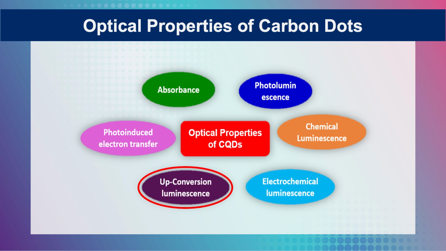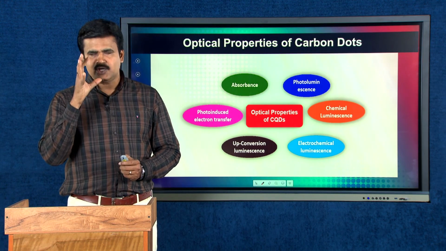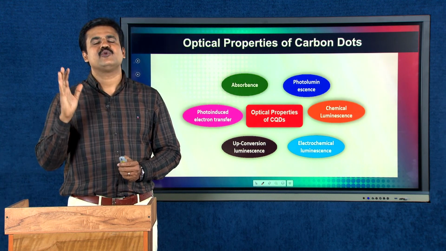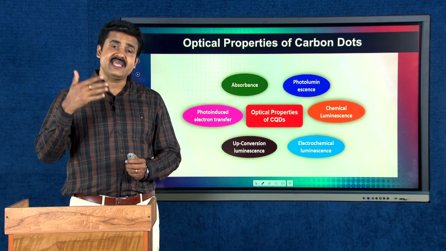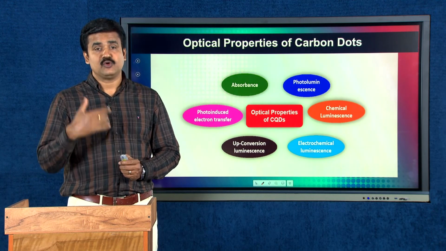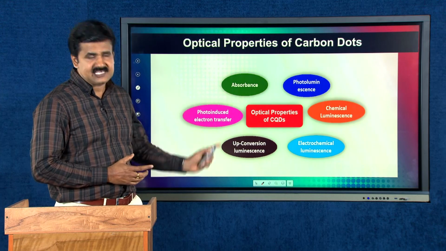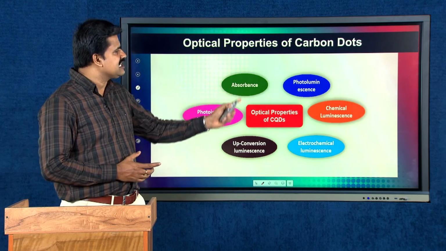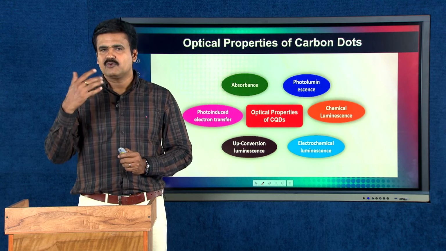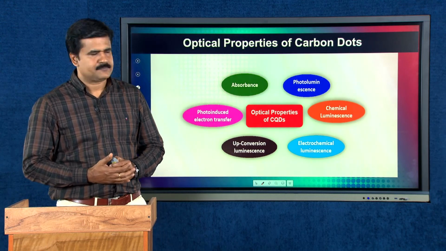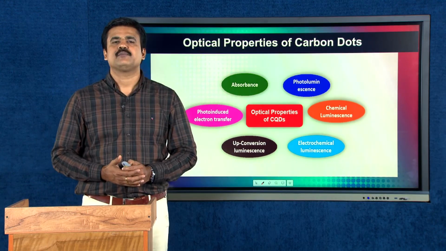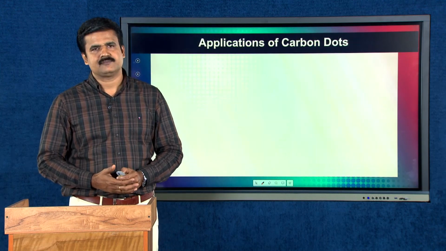These are different categories of luminescence. Then photo-induced electron transfer and absorbance. So, the carbon dots are fluorescent or luminescent in nature. They may have various kinds of luminescence, and the entire optical properties are consolidated here, involving these 6 types of fluorescent or luminescent features. That is about the optical properties of carbon dots.